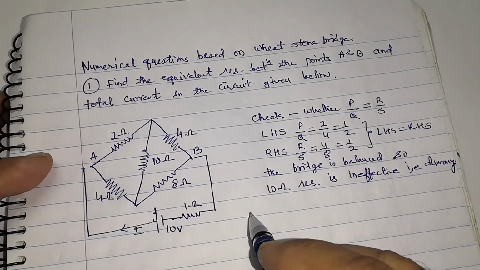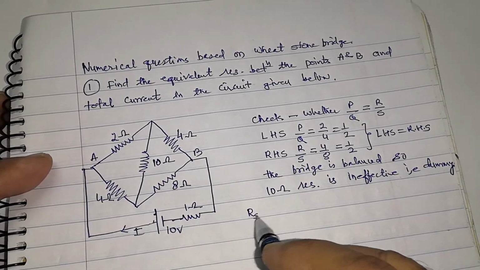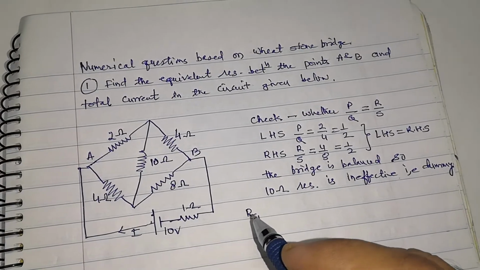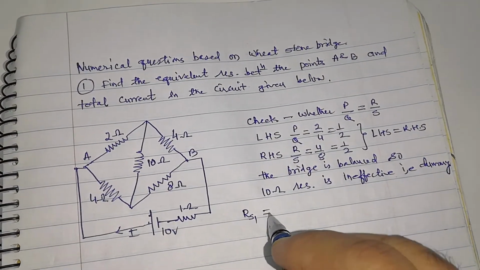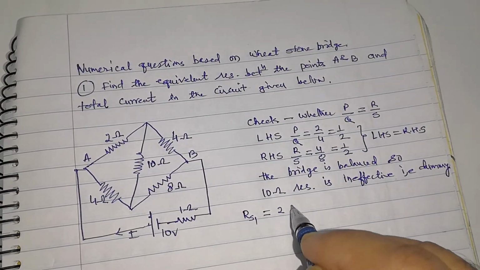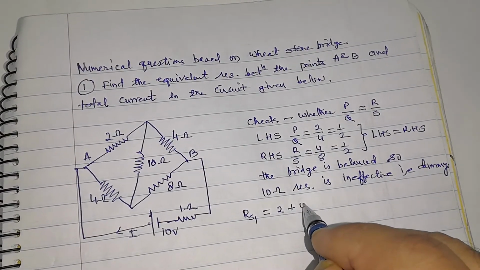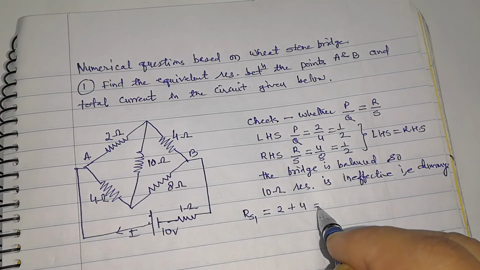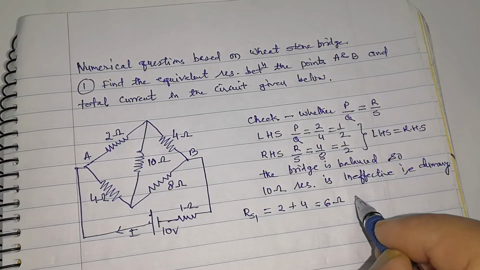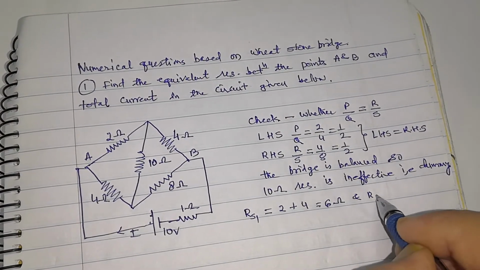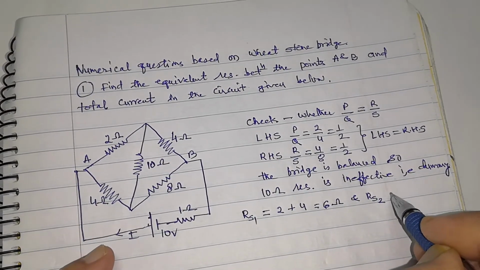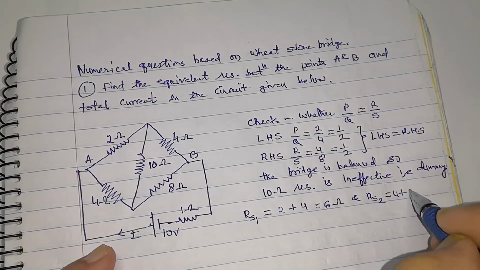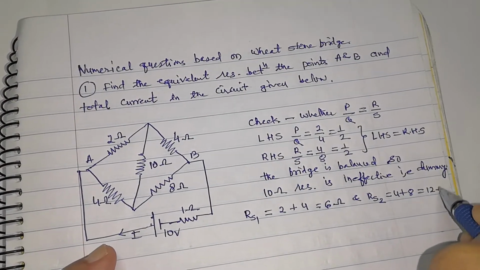We find that here we have two resistances, 2 ohm and 4 ohm, connected in series. So it will be 2 plus 4, that is equal to 6 ohm, and again there is one combination of series resistances of 4 and 8, so 4 plus 8, that is 12 ohm.